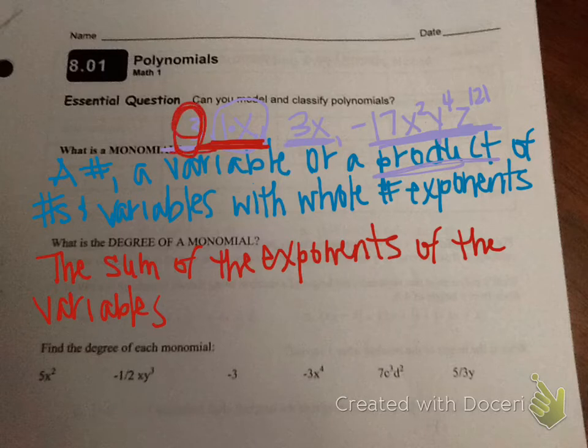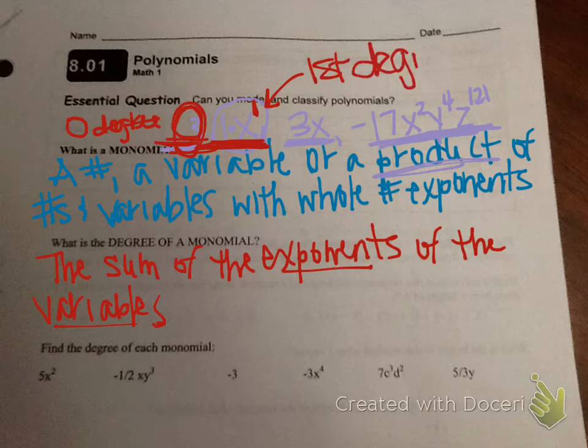The degree of the monomial 3 is 0, because there's no exponent on a variable. The degree of 1x, well, the exponent on the x is a 1. So this is a first degree monomial. This is also a first degree monomial.